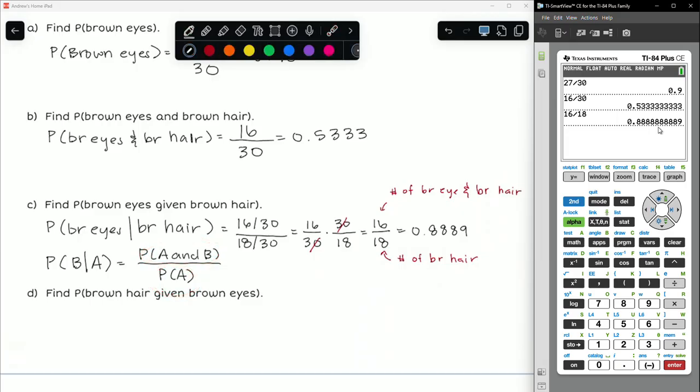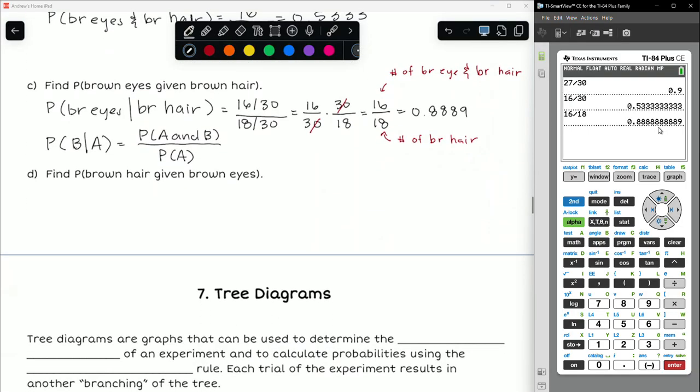We're going to use that shortcut for the next question, which says find the probability of brown hair given that they had brown eyes. This is backwards. Oops. So the probability of brown hair, knowing that my student has brown eyes. I'm going to skip this step and go right to this step with the frequencies.